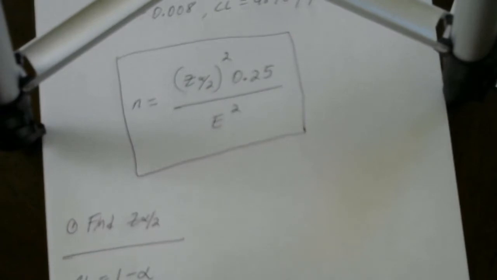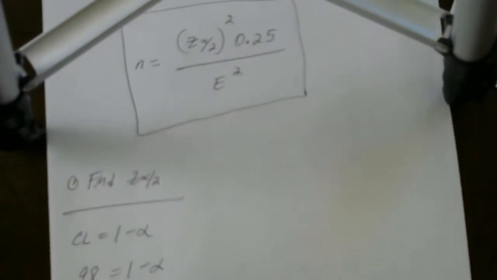That's equal to 1 minus alpha. I'll subtract 1 from both sides. I have negative 0.02 is equal to negative alpha. I'll multiply both sides by a negative, so 0.02 is equal to alpha.